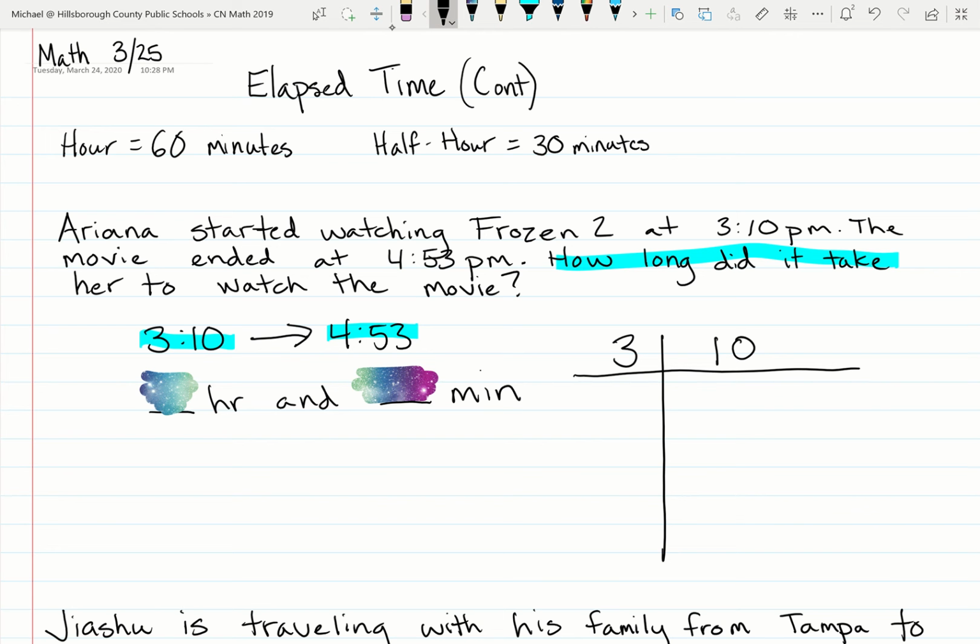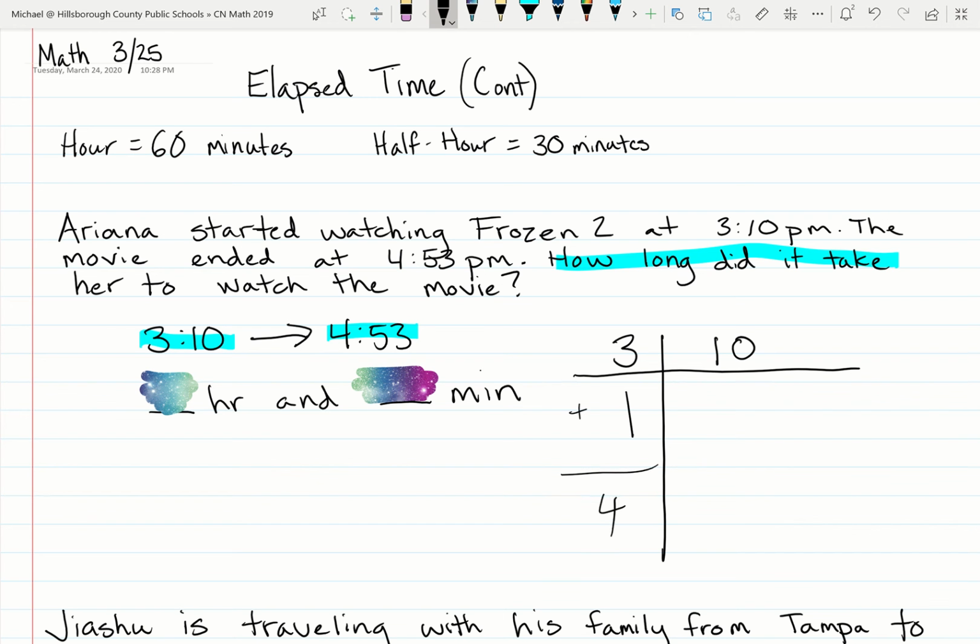For our hours, our first time listed, we got 4. What is the difference if we go from 3 to 4? How many hours have passed? Thinking about the hours first, if you guessed 1 hour, that's exactly right, because 3 plus 1 is going to get you to 4.